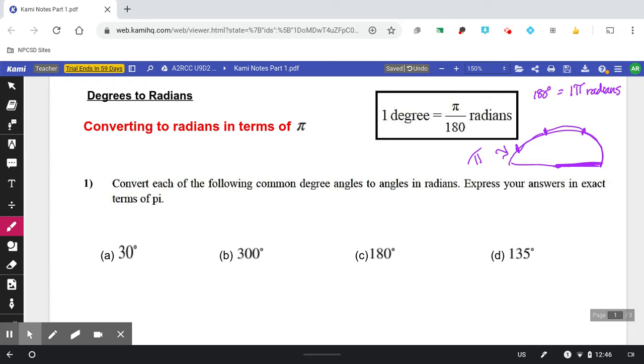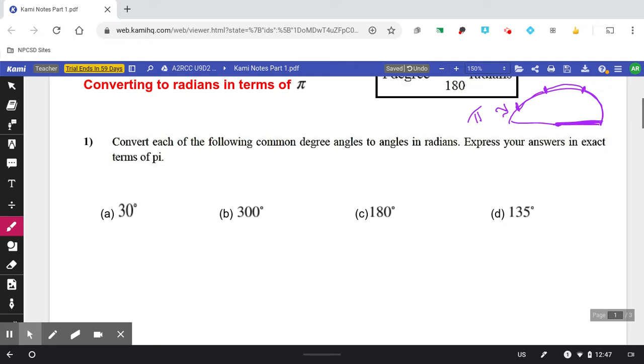So when you're looking to convert from degrees to radians, you want to know what fractional part of that 180 degrees is the number of degrees you're trying to convert. Okay, so for instance, if we look down at the first question here, it's 30 degrees.